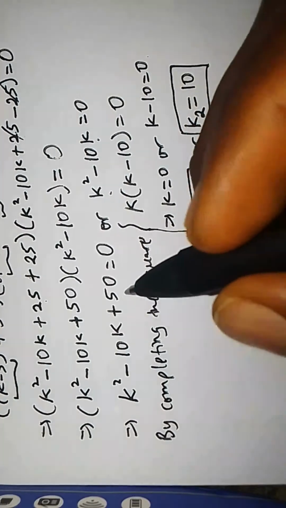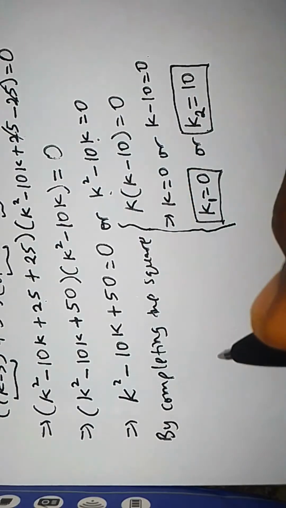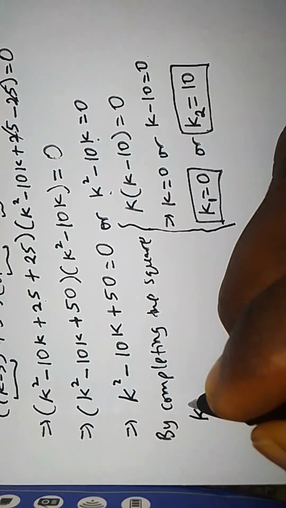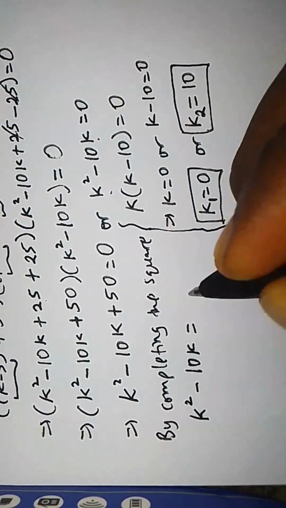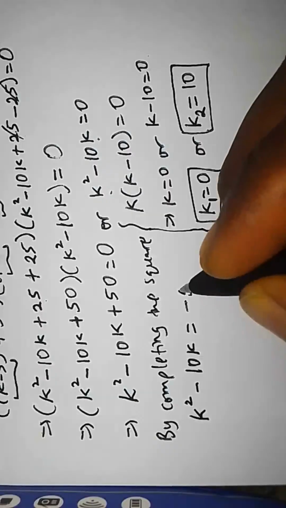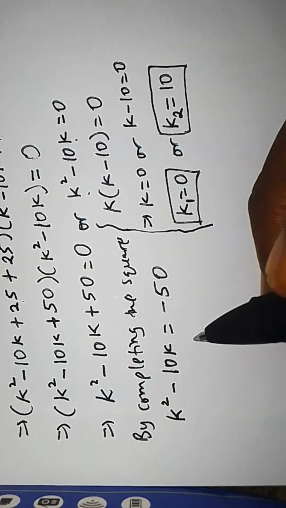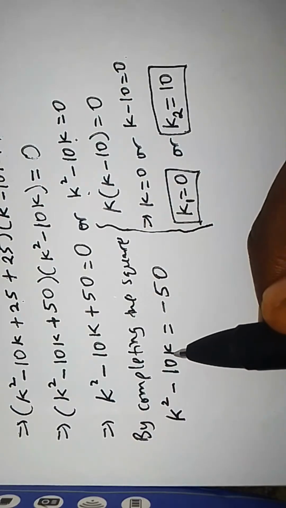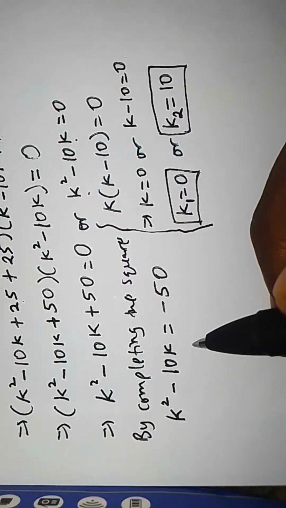The first step is that we're going to transfer this constant to the right hand side. Doing that, we have k squared minus 10k equal to minus 50. The second step is that we are going to add half of the coefficient of k, squared, to both sides.